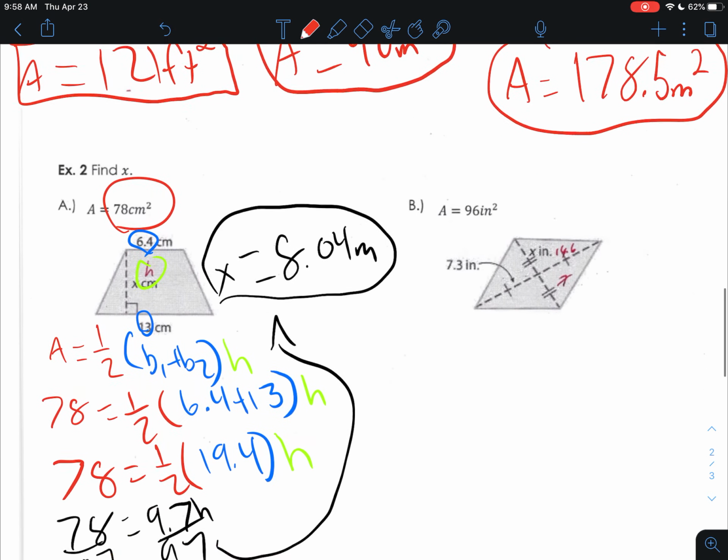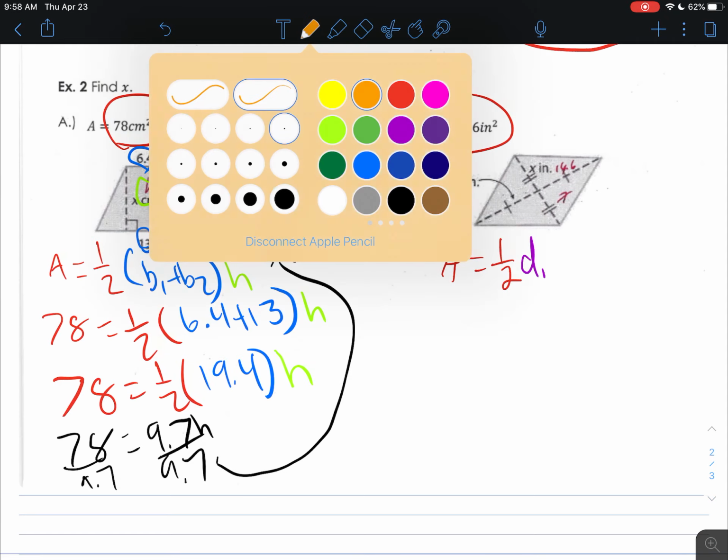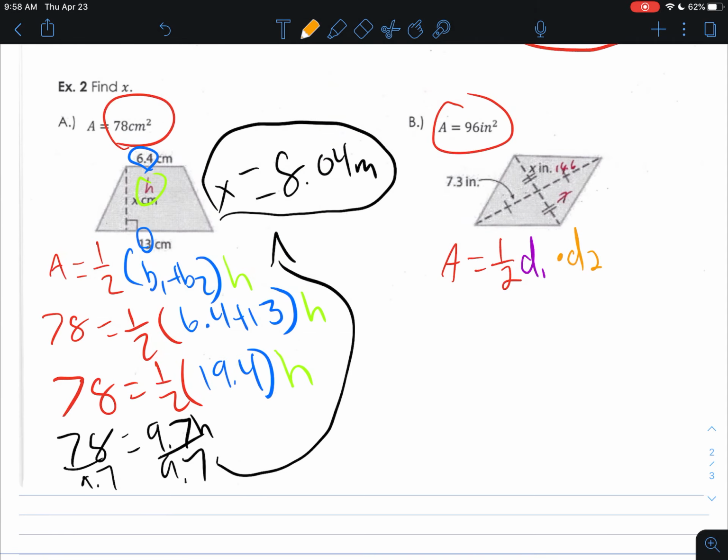Okay, and then last but not least, we're going to go with example 2b. So once again, we know what the area is. If we were to rewrite the equation, it would be area equals 1/2 times diagonal 1 times diagonal 2.